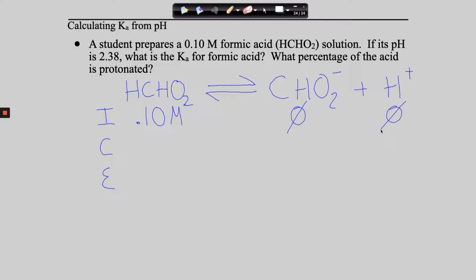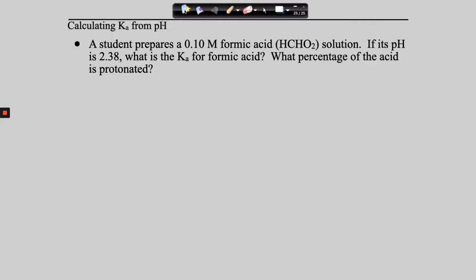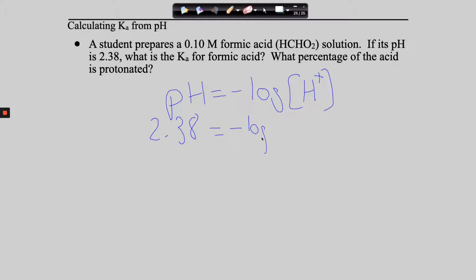At where? Initially or equilibrium? Equilibrium. So we are going to do a secondary calculation that says pH is equal to the negative log of hydrogen ion. 2.38 is equal to the negative log of x, or x is equal to 10 to the negative 2.38.